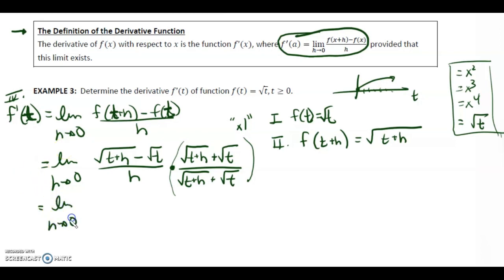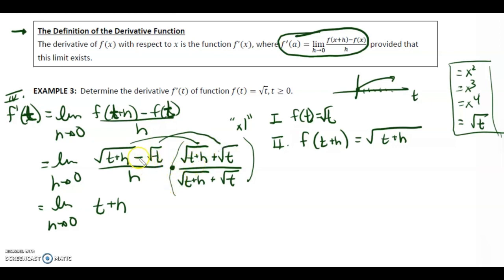Okay, so the limit as h approaches 0, let's expand the numerator. If we have root t plus h times root t plus h, the roots are going to go away. We just get t plus h. Because this is a difference of squares, the middle 2 terms are going to cancel out. You can expand it, but I'm not going to expand it. I know they cancel out.